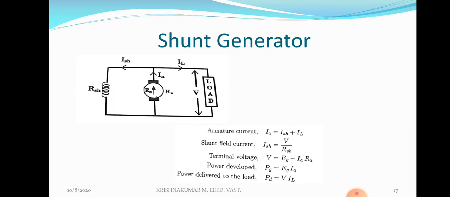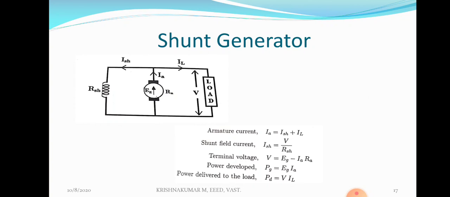Here, the field winding of this generator has the capability of producing flux of its own. That flux is called residual magnetism. That residual magnetism cuts the armature winding of the rotor, and EMF is induced in the armature. That induced EMF in the armature is denoted as EG, the generated EMF.